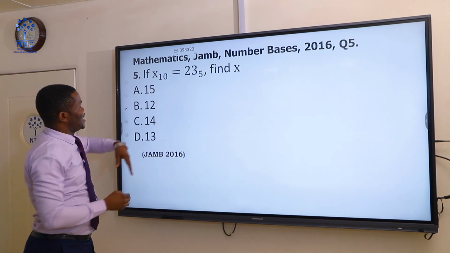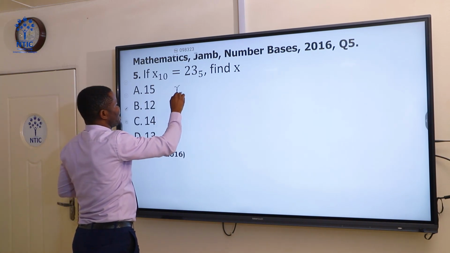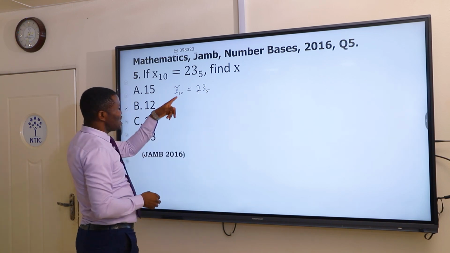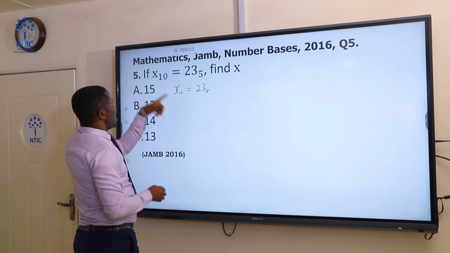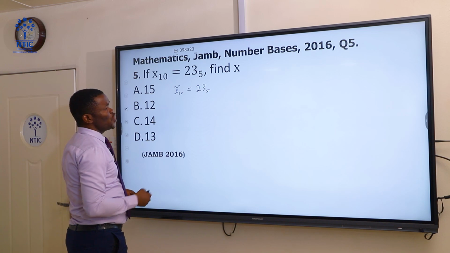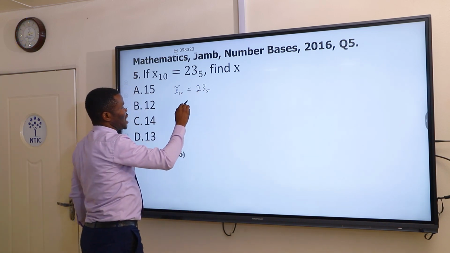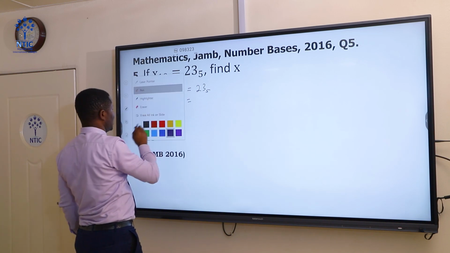Next question is this. X is already in base 10, but 23 is in base 5. So what is X? So what we do, we convert this 23 to base 10 also, so that we'll have something like this.